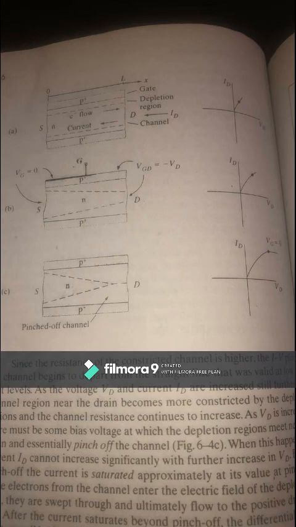As VD is increased more, there must be some bias voltage at which the depletion regions meet near the drain and essentially pinch off the channel. When this happens, the current ID cannot increase significantly with further increase in drain voltage.